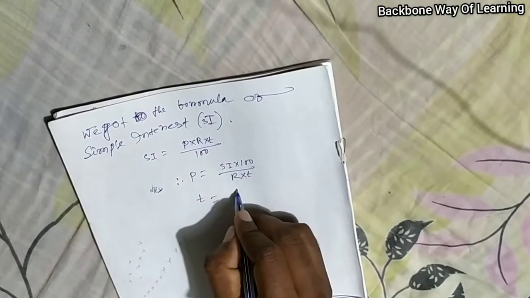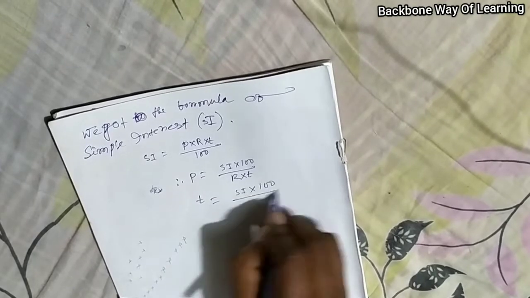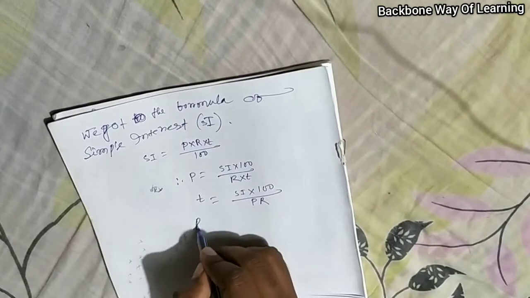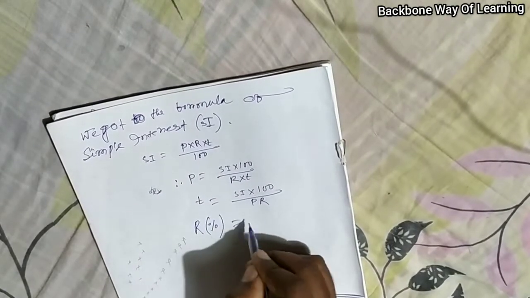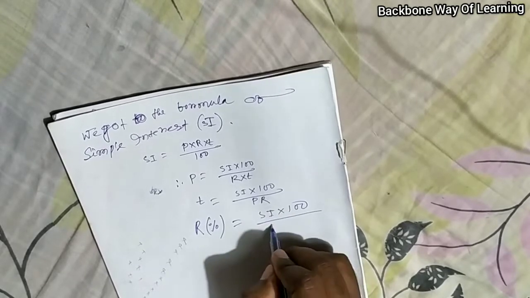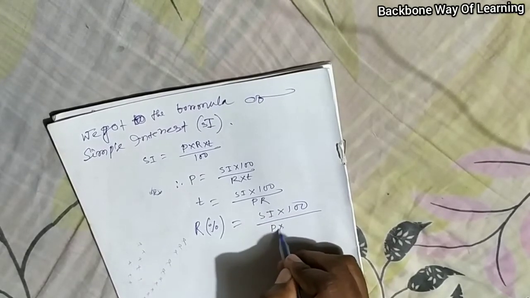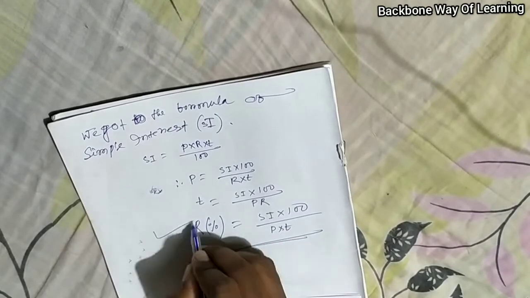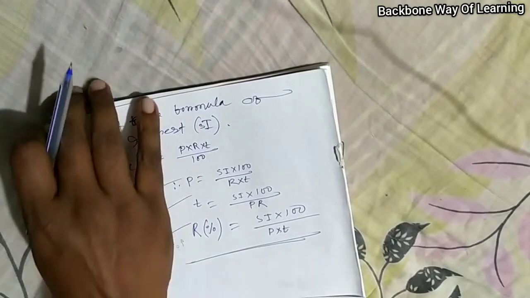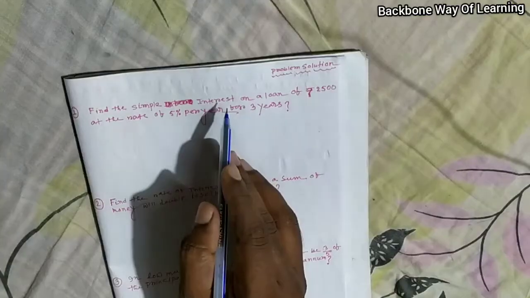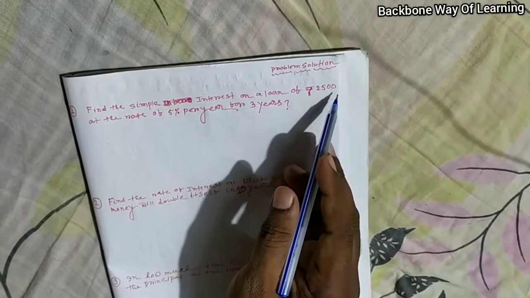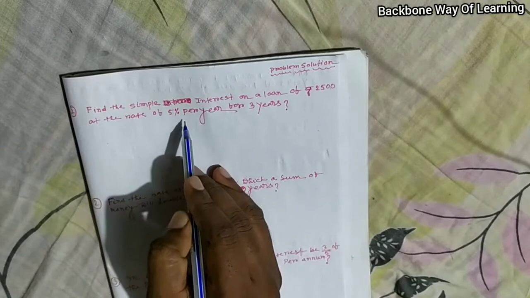T is equal to SI into 100 by PR. Rate of interest is equal to simple interest into 100 by P into T. These are the four formulas.